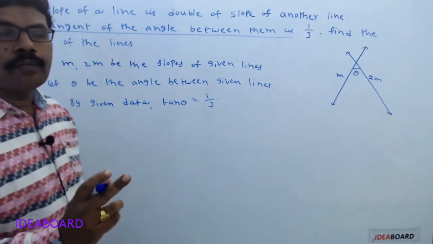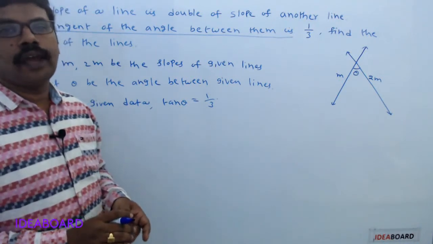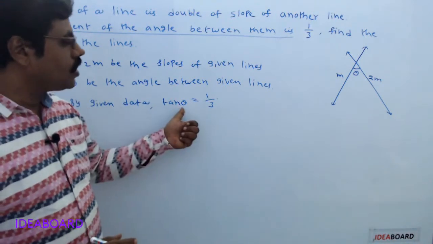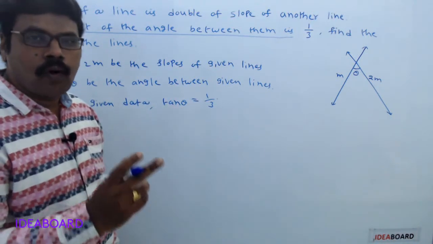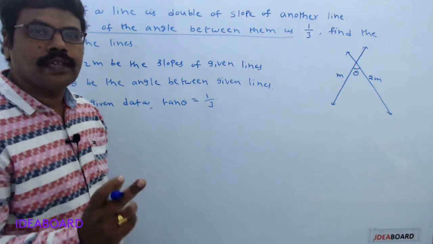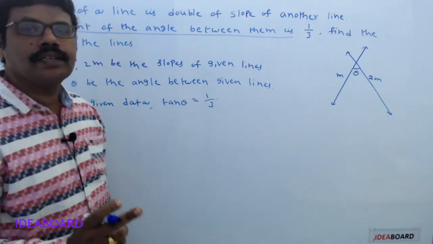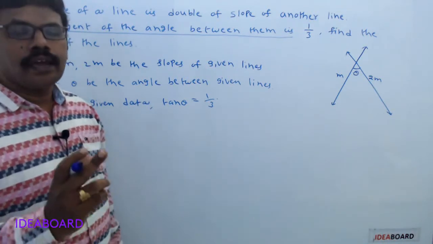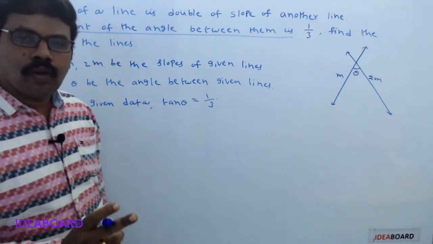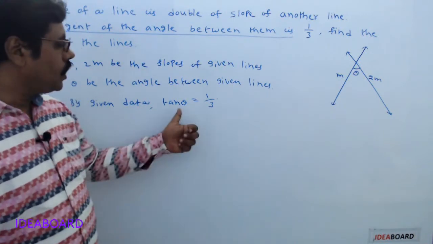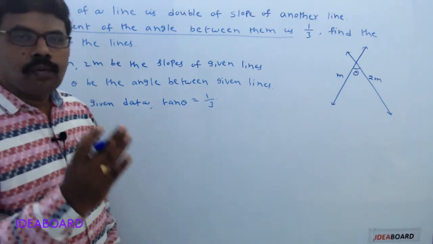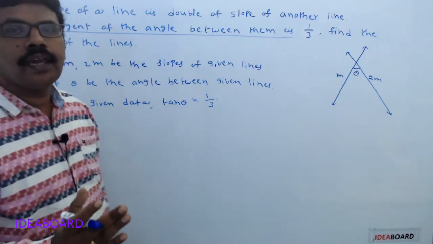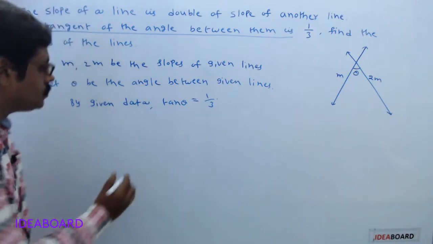If m1 and m2 are the slopes of the two lines and theta is the angle between the lines, then formula for tan theta will be modulus of m1 minus m2 divided by 1 plus m1 m2. Use that formula.